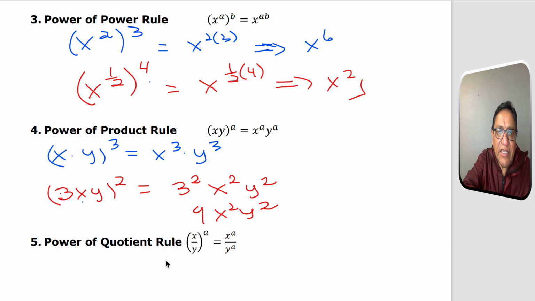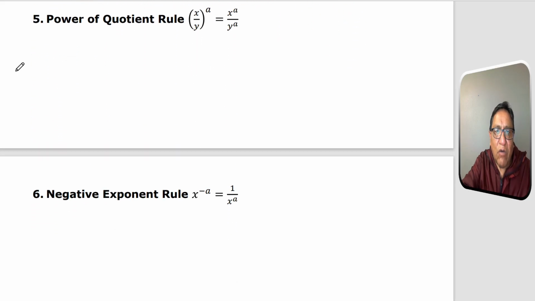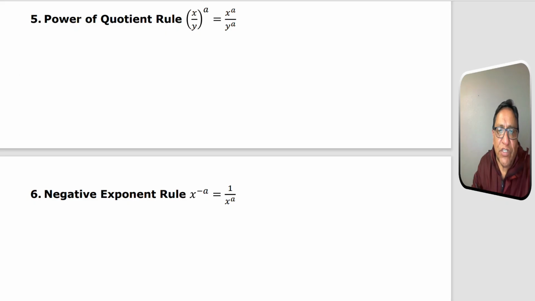Now, in the same context, we will also have the power of a quotient rule. Okay, so what does it mean? It means that if we have x over y to the same power a, we can distribute the exponent to the numerator and the denominator, and x to the power a over y to the power a will be the answer.